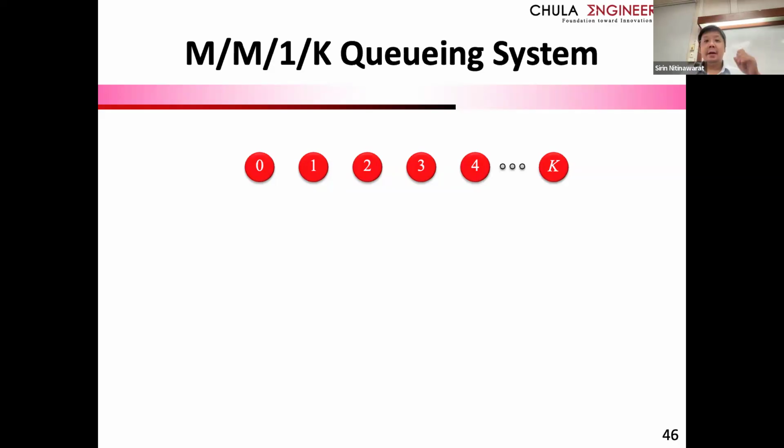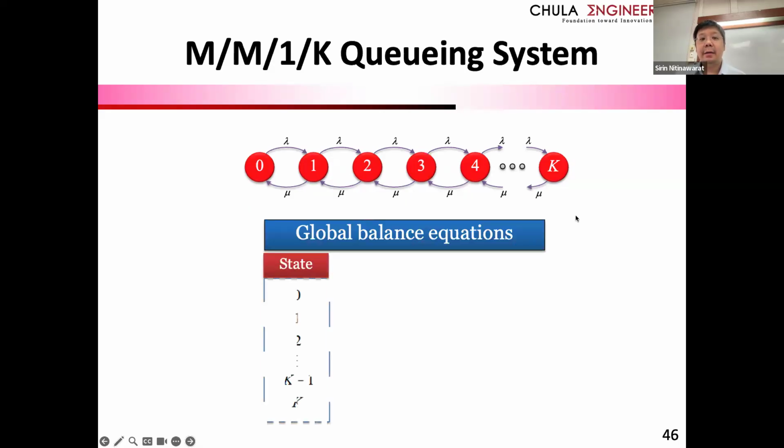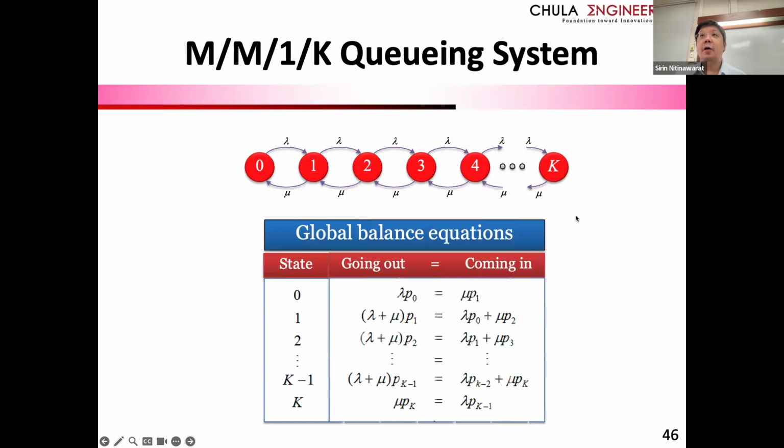That customer will be rejected, right? But because of the probabilities that we have derived, the transition rates are still the same, and the global balance equations are still the same, except that now we have only K plus one of them, instead of infinitely many.